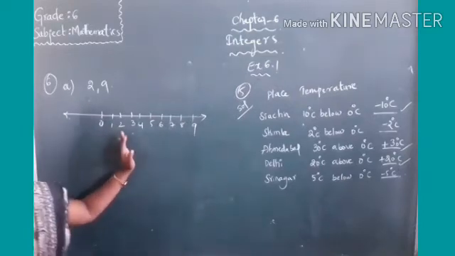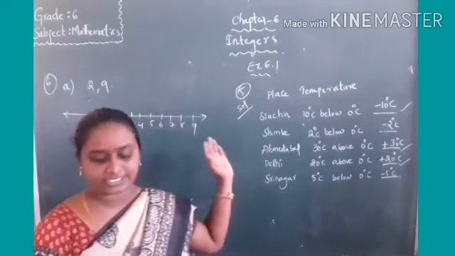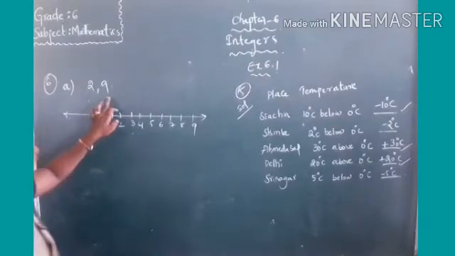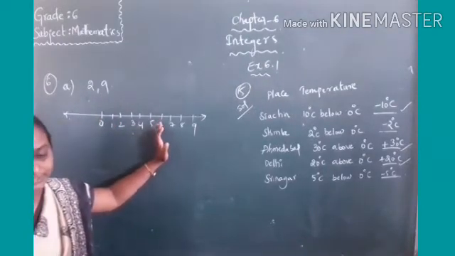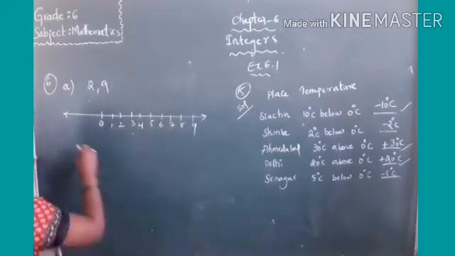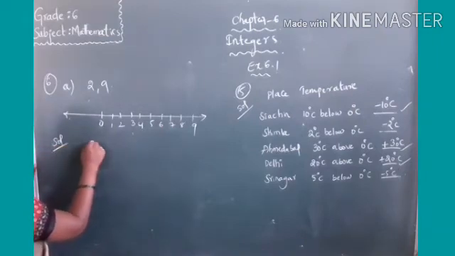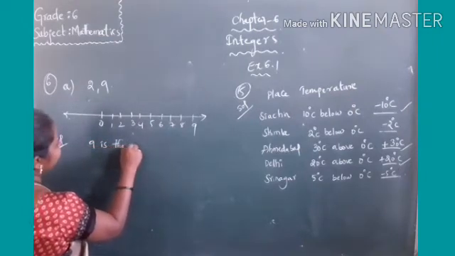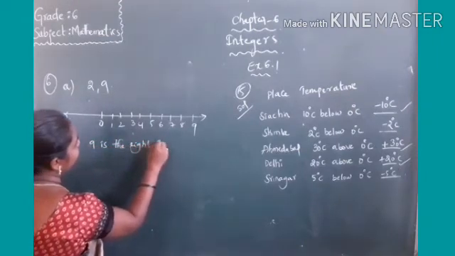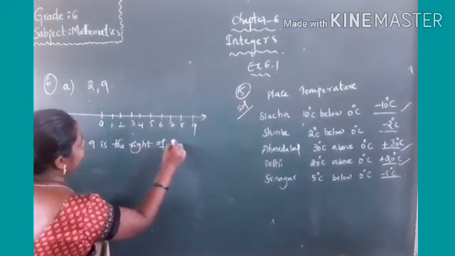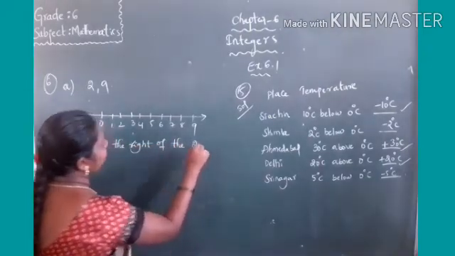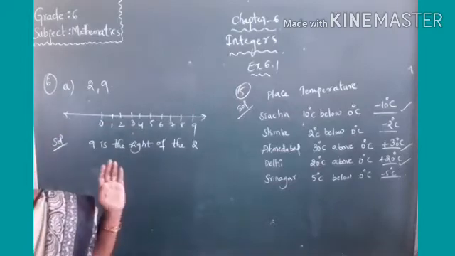So which integer is to the right of the other? 9 is to the right of 2.